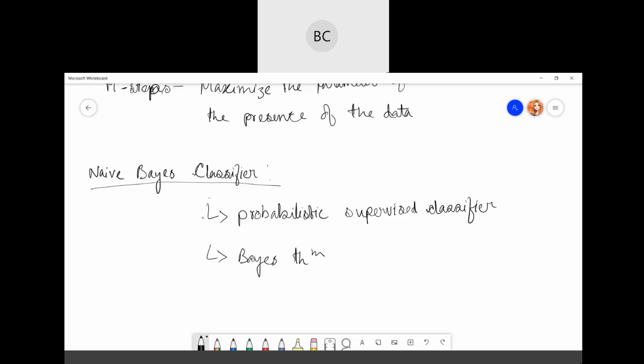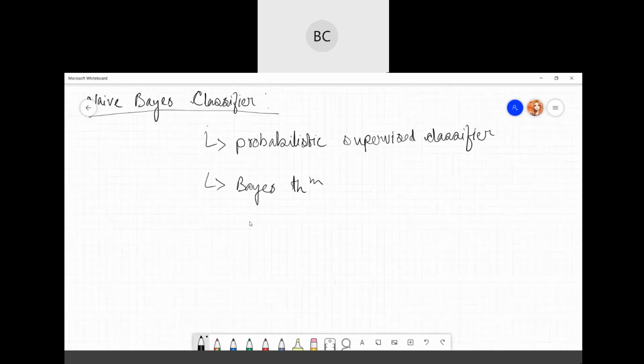The naive Bayes classifier was first used for text classification, but apart from text classification, it is also used in other cases like spam filtration, sentiment analysis, and classification of articles. So in naive Bayes, you can see there are two terms.